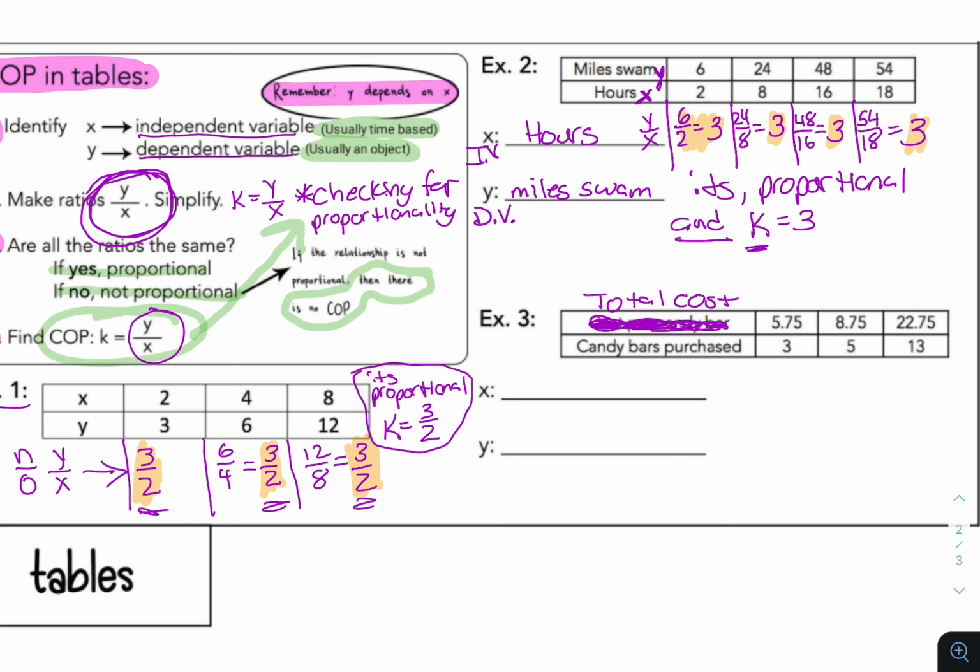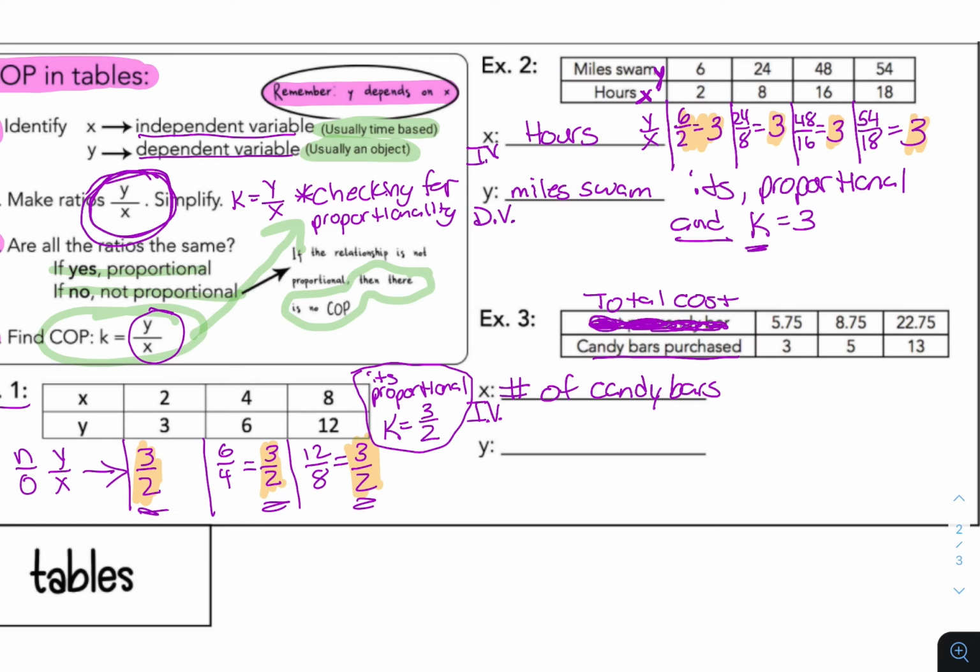So that means that the cost depends upon the number of candy bars. That makes the number of candy bars our independent variable. So I'm going to put number of candy bars, because you can choose to buy however many you want.